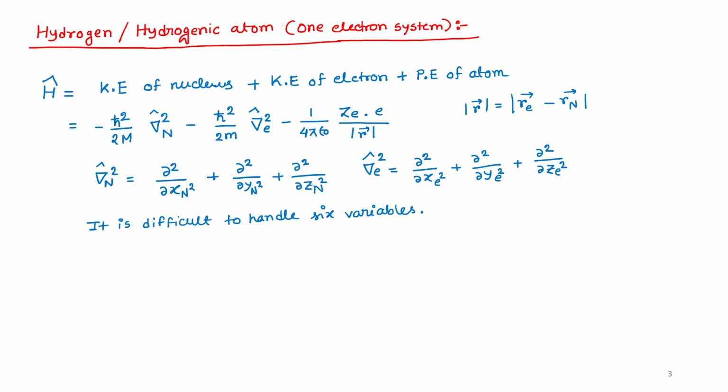Then in the later part we will only be worrying about the motion of the electron with respect to the nucleus, because the whole atom in free space will act as a free particle. So that motion we will not worry about.